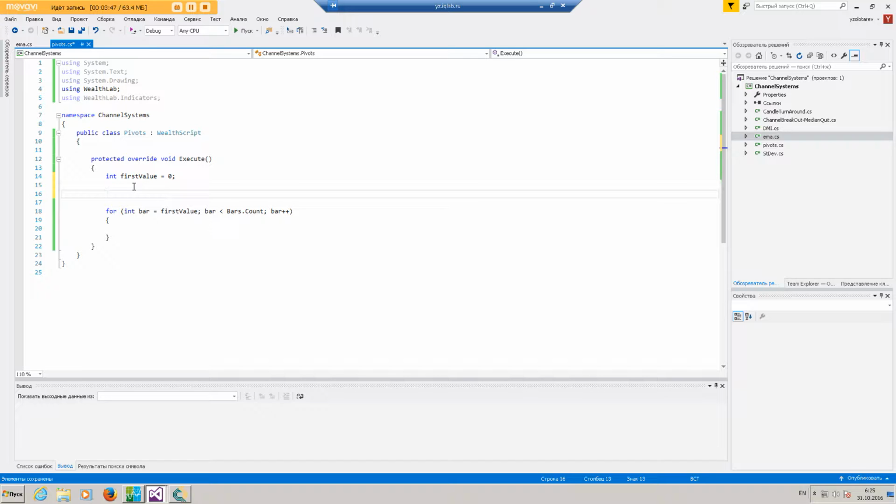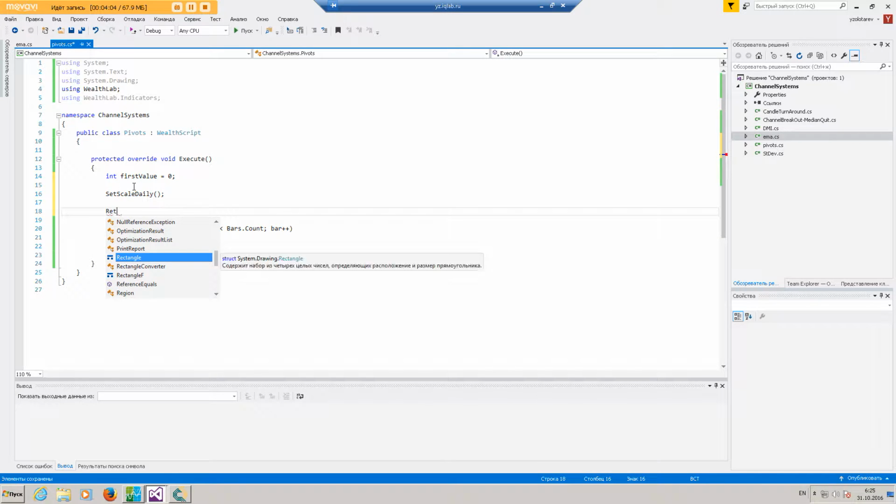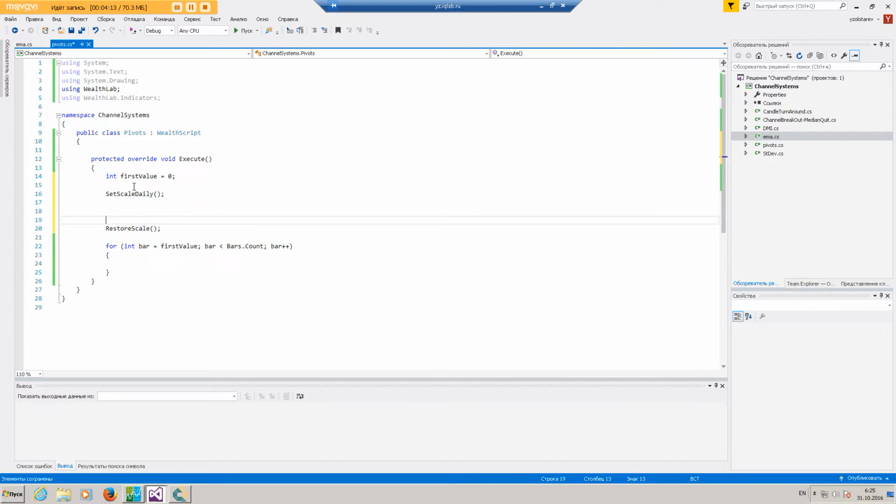First of all, we are going to be working on an intraday time frame, so we want to set our time frame to daily, and I think this is something called set scale daily, right? Okay, and I think there's return scale. What was it? Restore scale. There we go. So we need to do stuff inside these two operators, right?